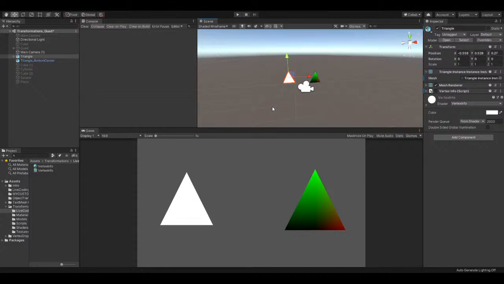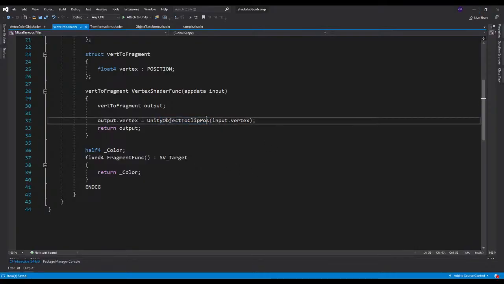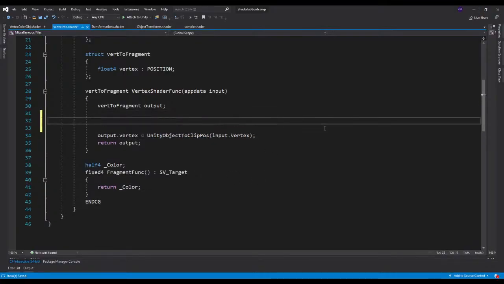Where the issue now is, we need to understand the difference between object space vertices and world space vertices, and we need to understand what is view space and what is clip space. So we are going to quickly go to Unity and do this one by one.